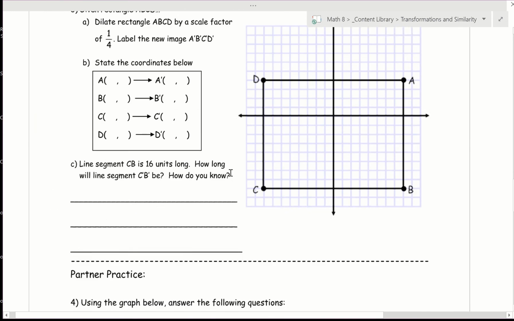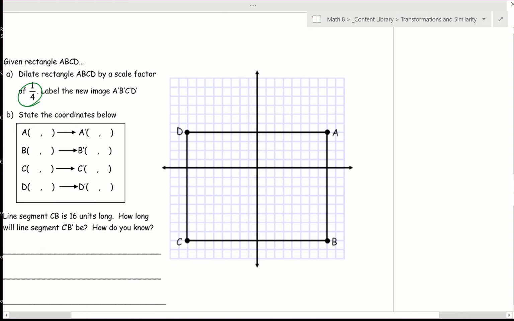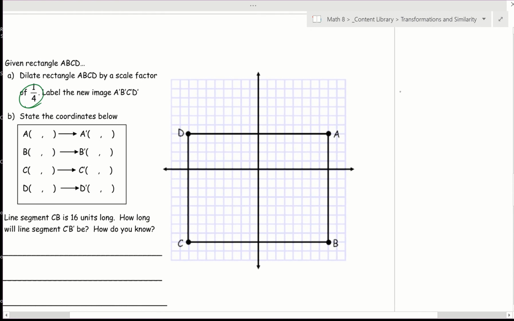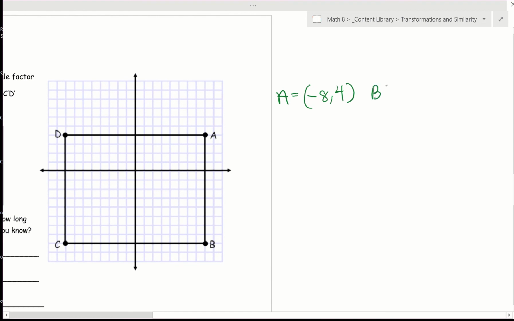Okay? Now, given rectangle ABCD, dilate the rectangle by a scale factor of a fourth. So I like to write them out vertically. So let's see. My A is -8, 4. My B is -8, -8.